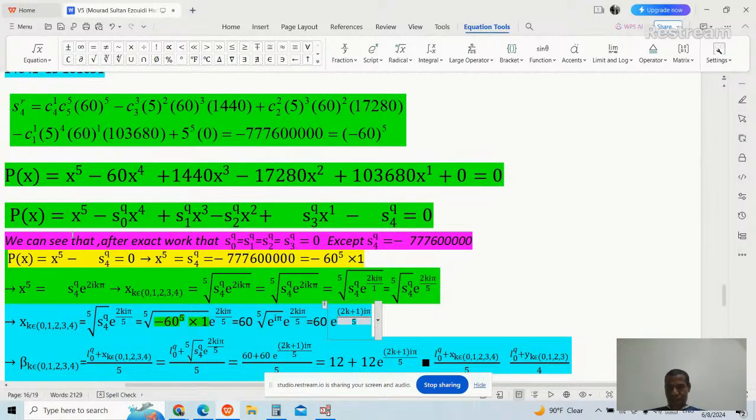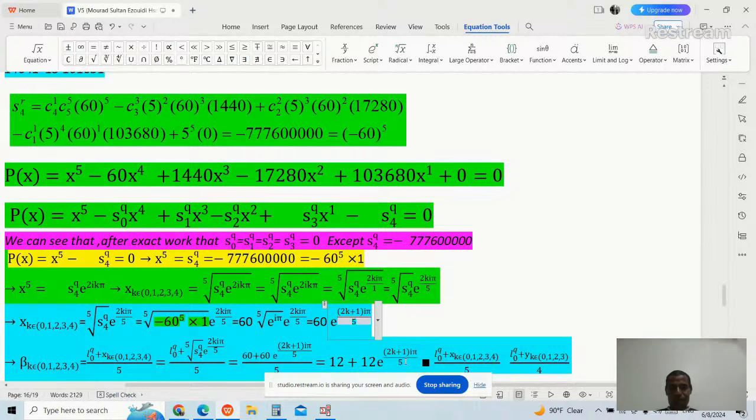Therefore, now just use the formula. With the highest power 5, I should write beta, k belongs from 0 to 4, xk divided by 5 because the highest power is 5. So after calculation, it will be 12 plus 12 exponential (2k plus 1) i pi over 5.